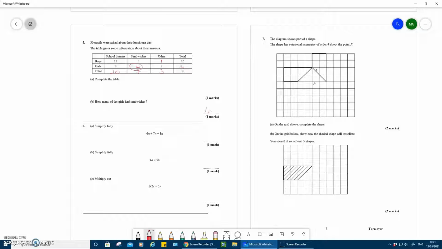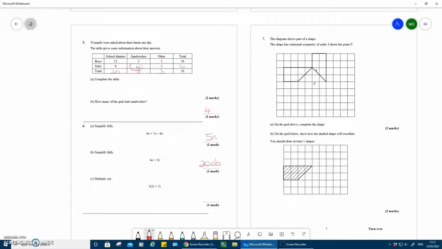That's just 4. Simplify. So we've got 6n. We're going to add 7n, which makes 13n. Take off 8n, which is 5n. Simplify this, we multiply the integers first, multiply the numbers first, and then we don't need a symbol for multiplication.